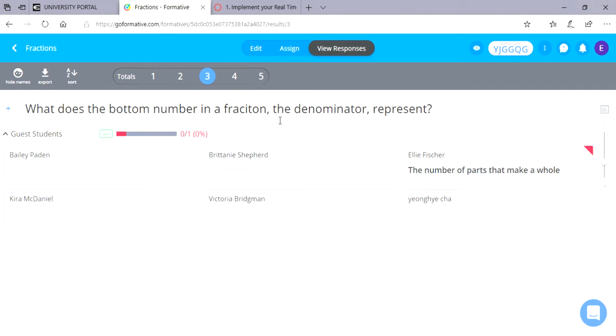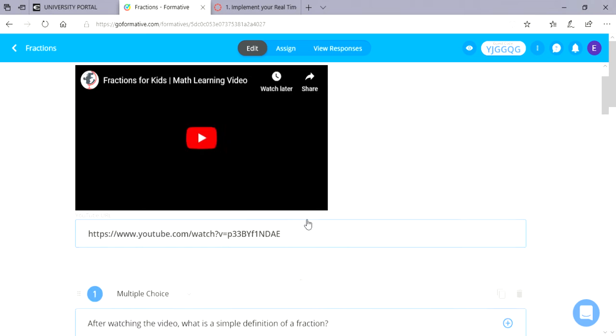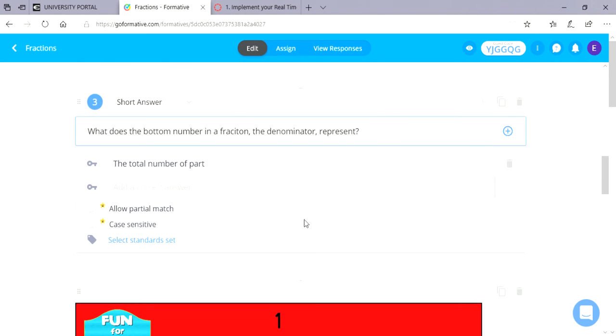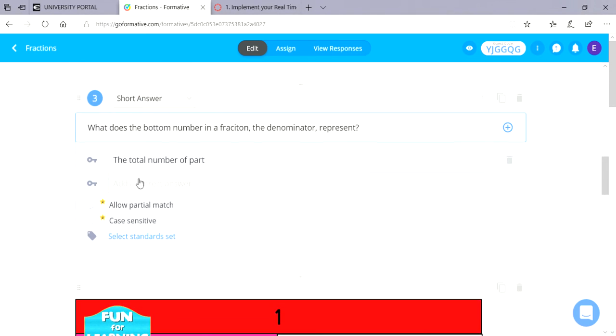The bottom number of a fraction, the denominator, represents the number of parts that make a whole. That's what I said, and it said it was wrong, but it's not completely false. I said the total number of a part, but those short answer questions could have a few different answers.